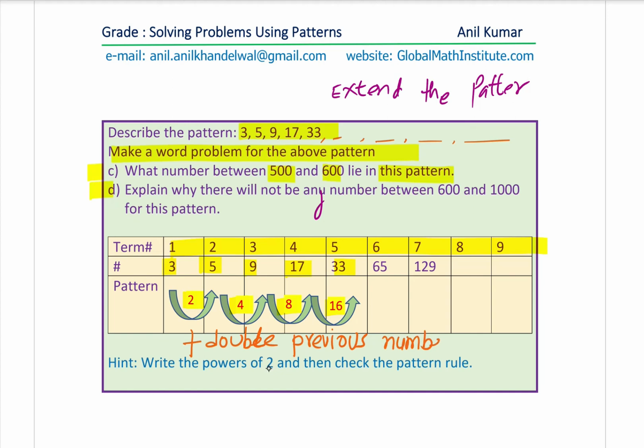Let me number this time. So next, what do we do to get the next term? How is this pattern growing? You have to multiply the previous one by twice the amount. So in this case, 32 and then 64, right? Then 128. Another thing which you see is the relation like this.